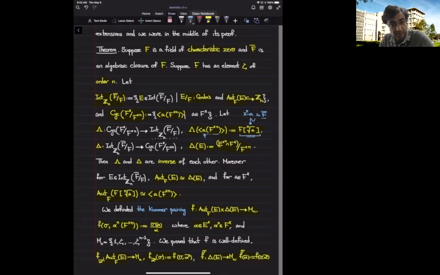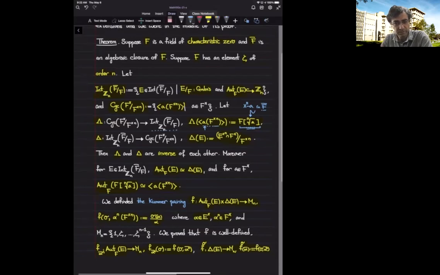So these are the issues that we have to address when we say lambda is a function from this set to the other one. And this is what we did in the previous lecture. I'm going to go over some of these items in the proof as well, but we have essentially proved well-definedness of lambda and delta in the previous lecture.